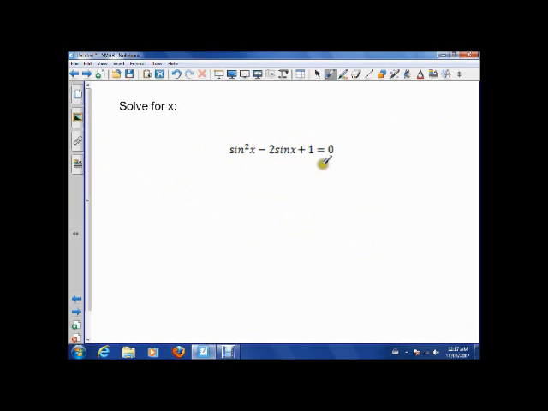So what about this one? Okay, so again, you can see that we're going to have to try to factor. Again, the period is just 2 pi, and we're only going to solve on that one period. Right? And do you remember disguised quadratics? Okay, so see how here we've got a squared, here we don't have a squared. So what I'm going to say is let y represent sine x.